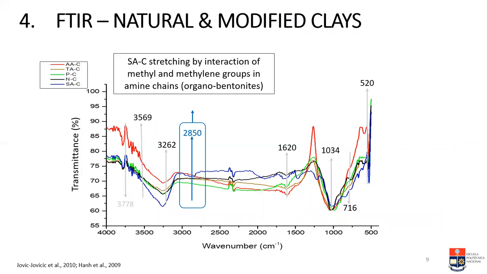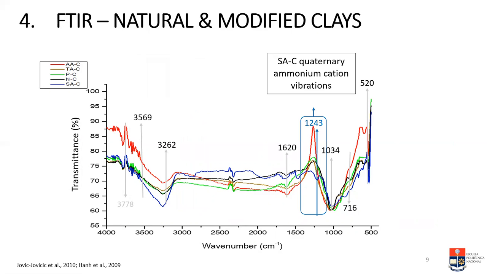In the case of the saline activated clays, we observed some bands corresponding to the salt that we used for this purpose, which was hexadecyltrimethylammonium bromide, as I said before.